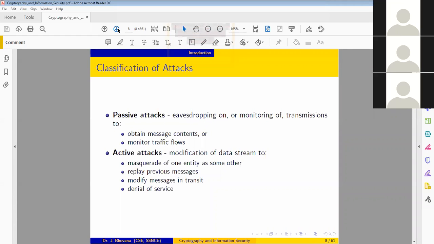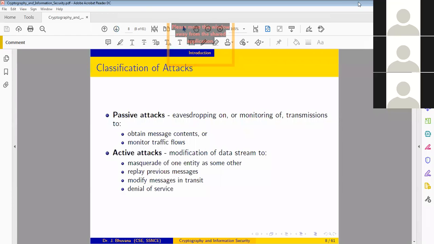From the header information one can easily know who is the sender and who is the receiver. By simply observing the communication in the network, one can gather so much statistical information, and this information can be given to people who are not authorized to use it.